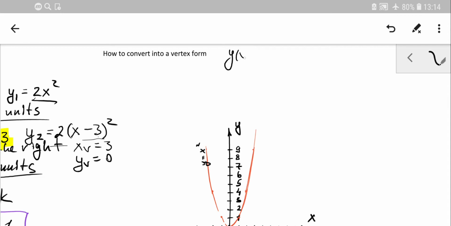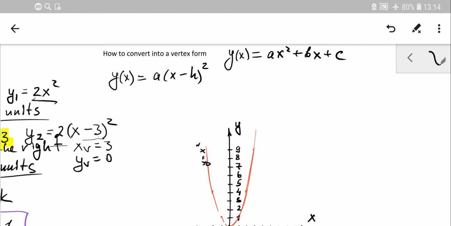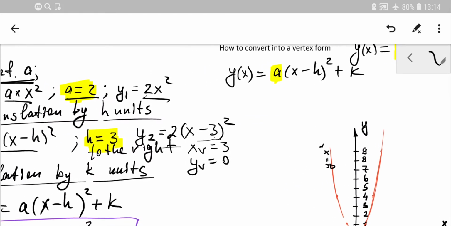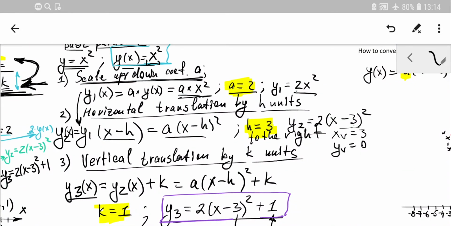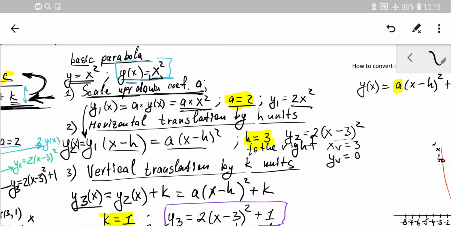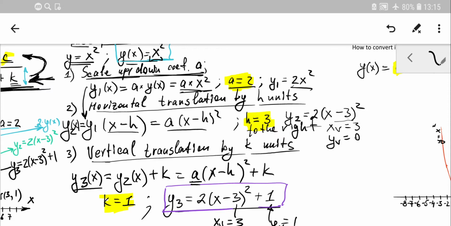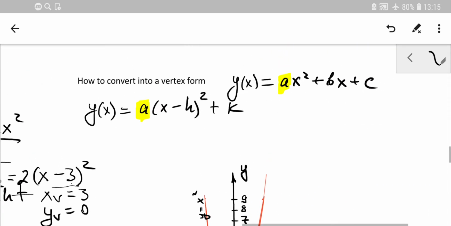So let's say the general equation is y of x equals ax squared plus bx plus c, and our vertex form is simply a times (x minus h) squared plus k. First of all, I want to show you that this a coefficient is the same. Just remember what we did before: we multiplied by a, this was scaling up, and this coefficient finally stays here. So a is not changing, so they are the same.